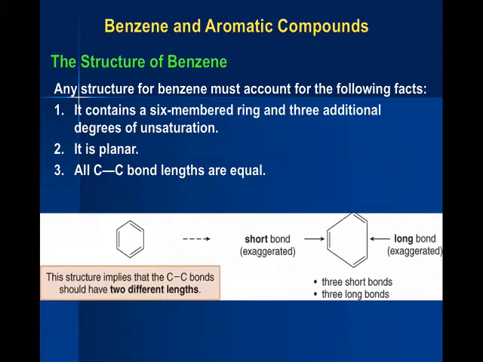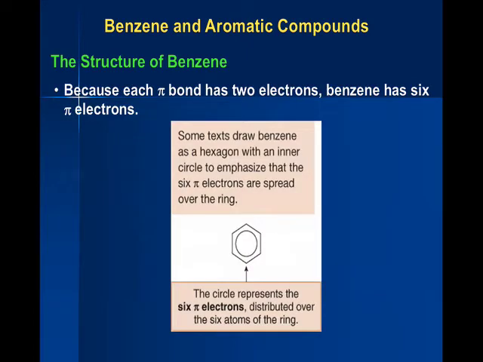And we can draw a lot of resonance structures for benzene. Okay? And so some textbooks actually draw benzene as a 6-membered ring with a circle in it. And so what you need to know is that this is equivalent to that. Okay?